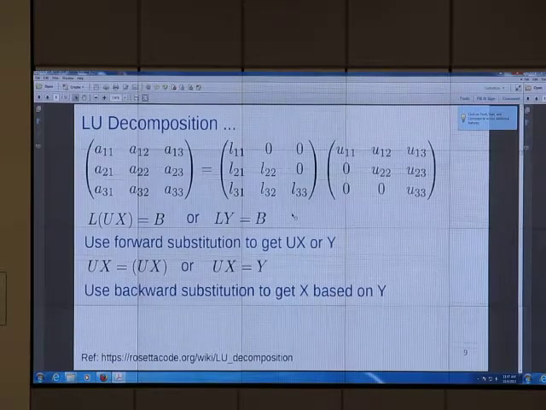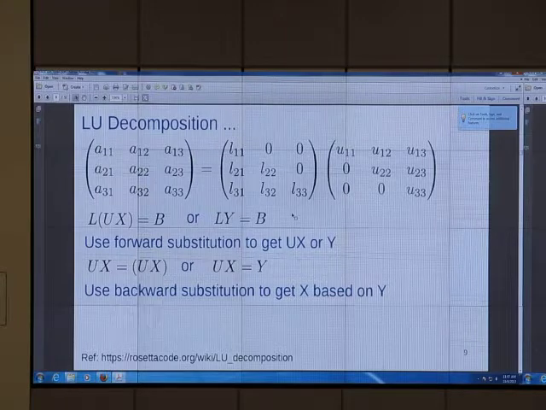Okay. After we get LU, which we will talk about soon, how we get that, then we do L multiplied by UX equals B. So UX is an unknown, let's call it Y. So Ly equals B. Then we use forward substitution to get Y, right?